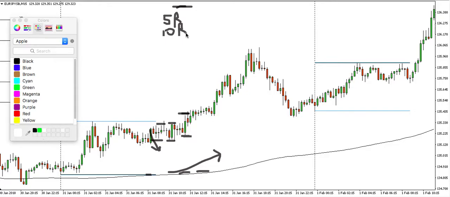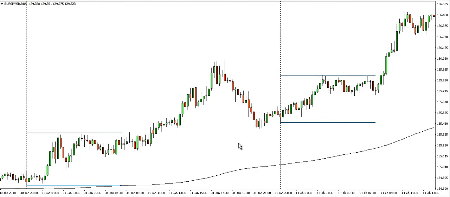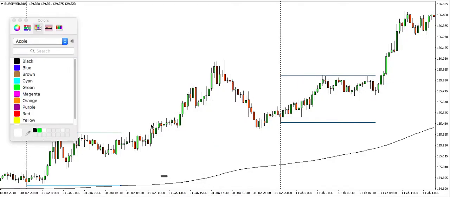Okay, now the final element you need to consider with this is when do you add another trade? Because if you're in this trade that's in profit here and price continues to trend, you're kind of missing out on opportunities by not adding again, let's say the next day.